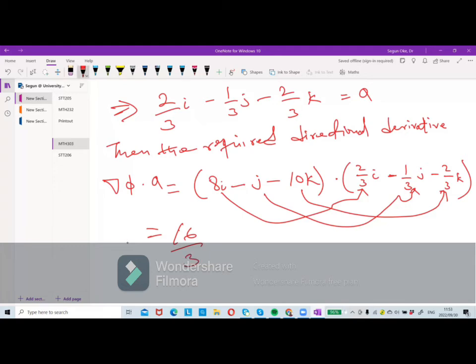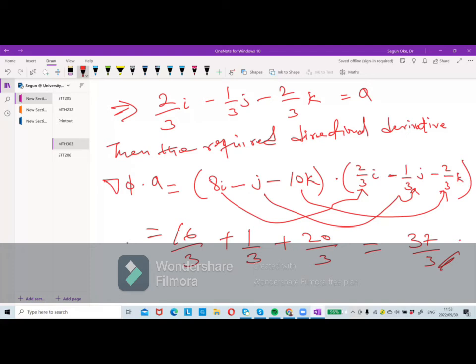You will not have i again, don't forget, i becomes 1. Plus 1 all over 3, plus 20 over 3, because negative times negative turns to positive. So at the end of the day, if you solve it very well, you have 37 over 3. That's what they ask you to calculate.